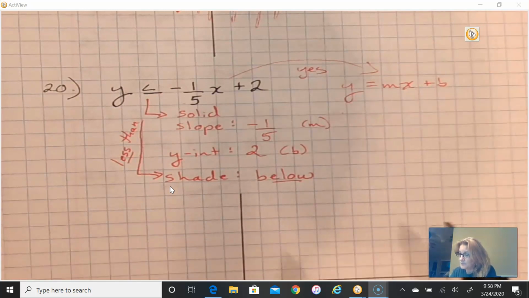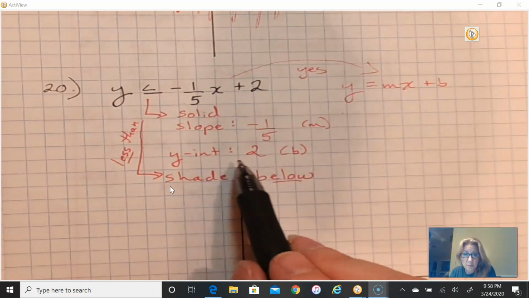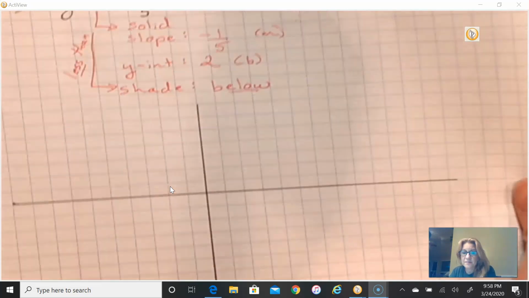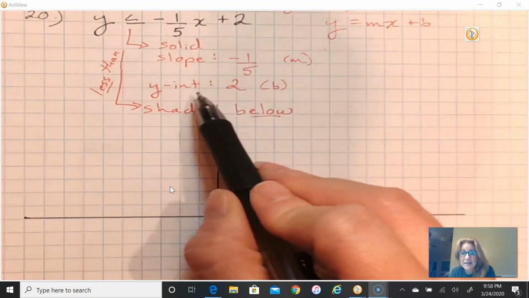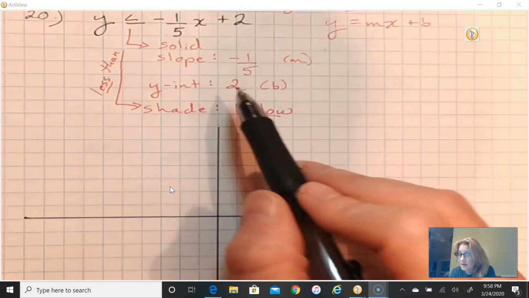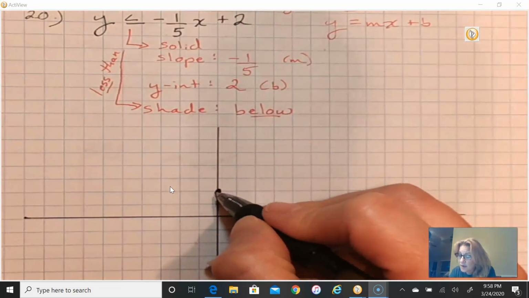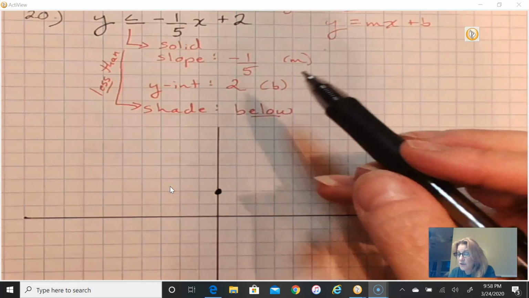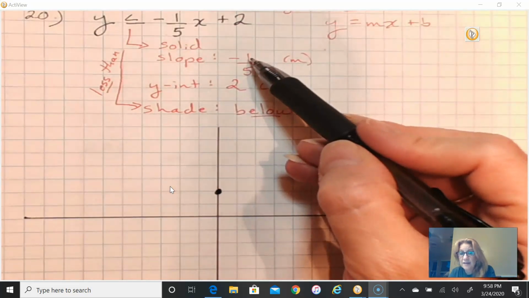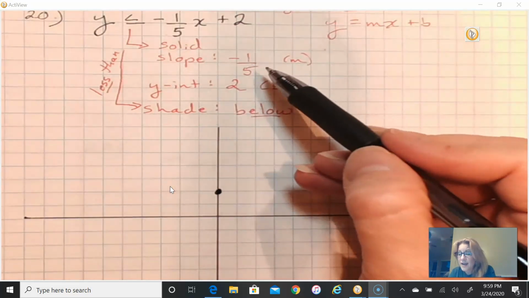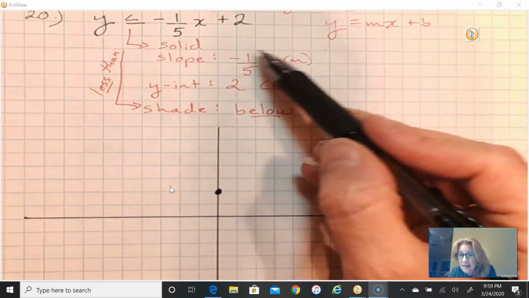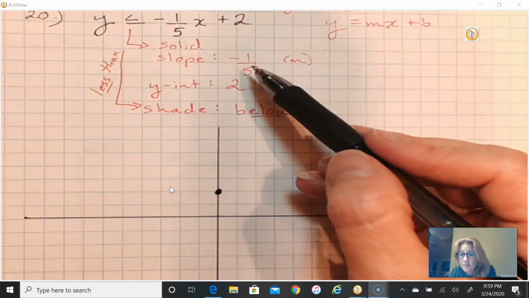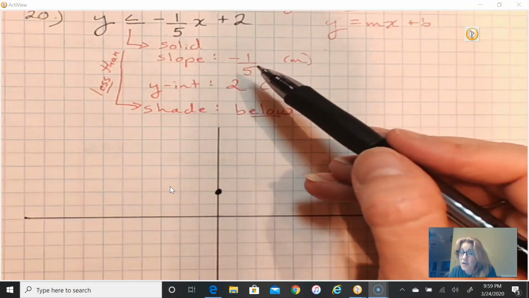Whoops, you can't see it. Remember, you must plot your y-intercept first, and it's 2. So it's going to go right there. Now you look at your slope. That's a -1 and a +5. That negative is not the whole fraction because we're really dealing with slopes, not even really a fraction.